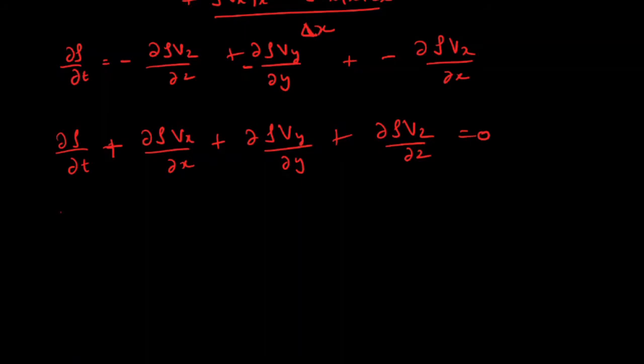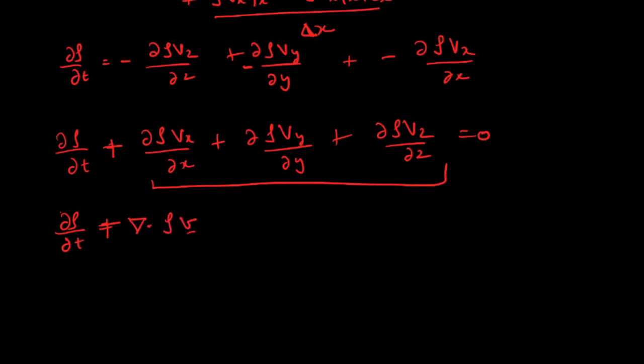From the vector tensor notation that we did, this can be written as del dot of rho v, where rho is a scalar quantity, v is a vector quantity, and del is also a vector operator. So we are taking the divergence of rho v, and this should be equal to 0. This is the continuity equation that we have now derived.